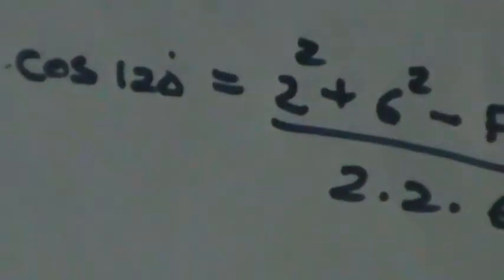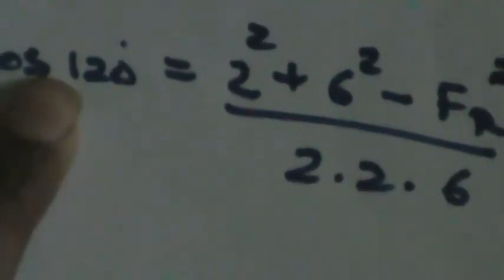Alright, so cos 120 is equal to 2 square plus 6 square minus Fr square, divided by 2 times 6. Right?